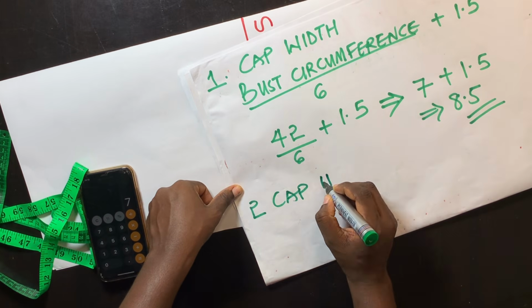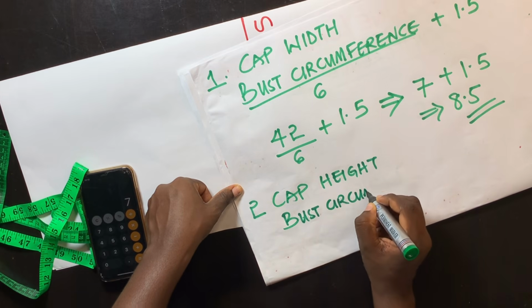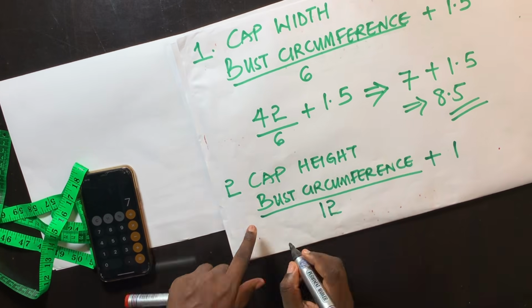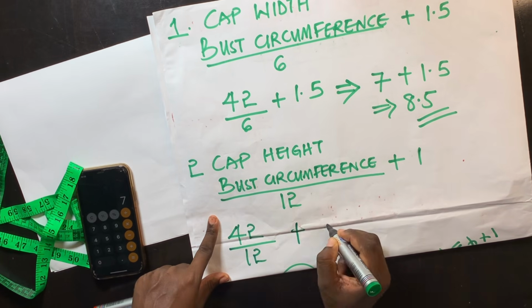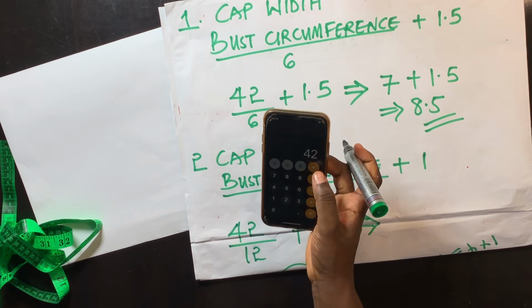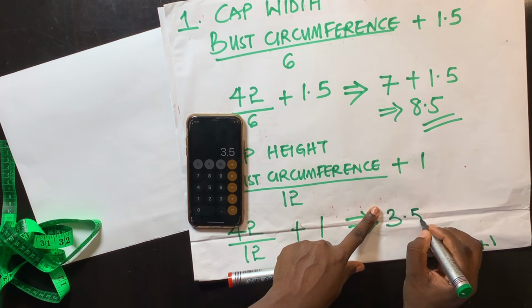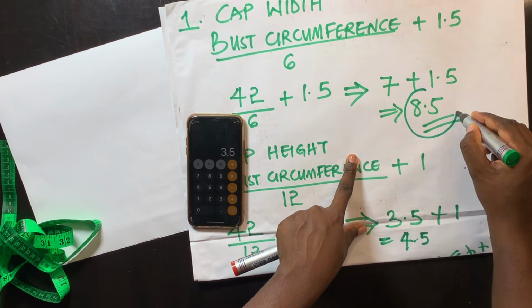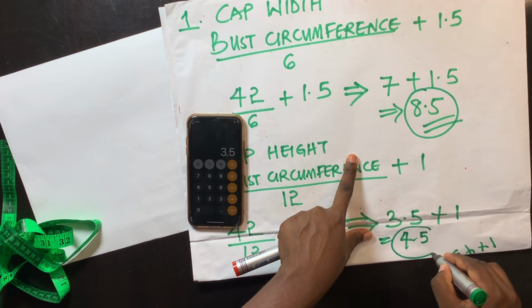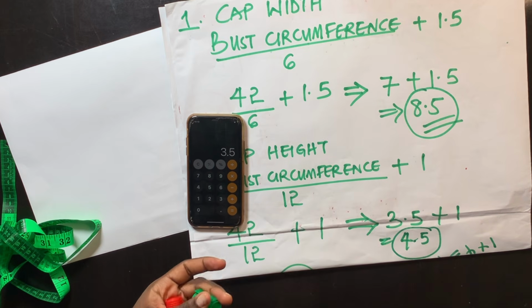For the cap height, I have to divide my bust circumference by 12 plus 1 inch. So my new bust circumference is 42. 42 divided by 12 is 3.5. 3.5 plus 1 equals 4.5. So 8.5 is my cap width and 4.5 is my cap height. Just keep that at the back of your mind.